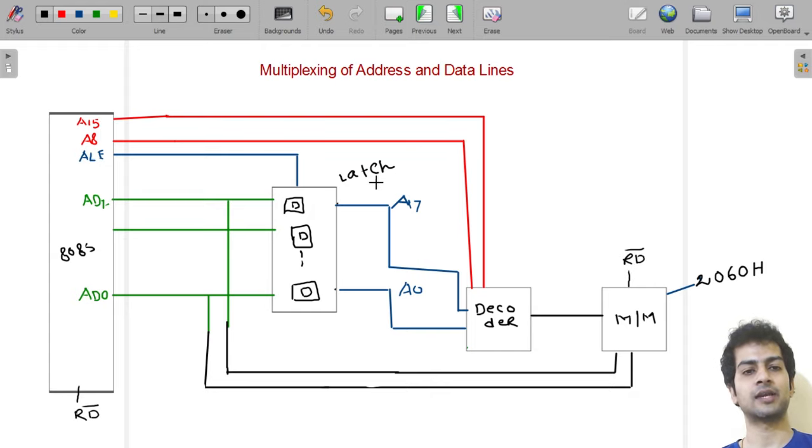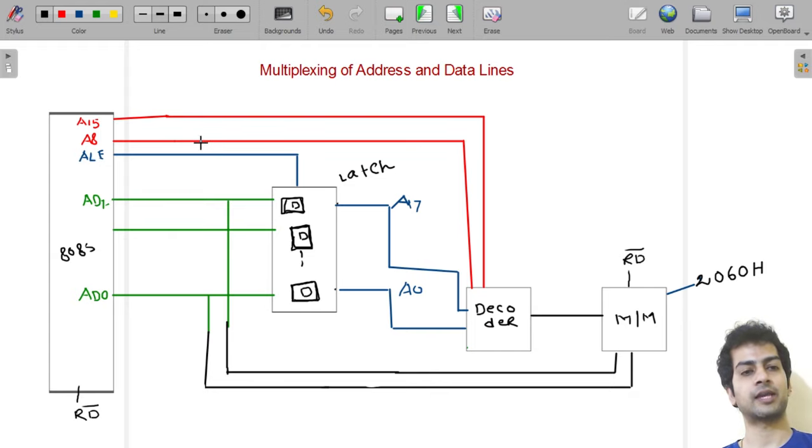Then we have a latch, an external module connected with the microprocessor, and this latch contains 8 D flip-flops.